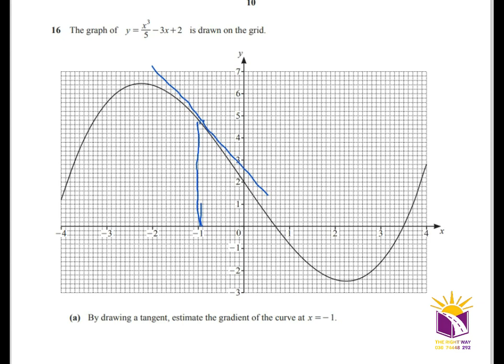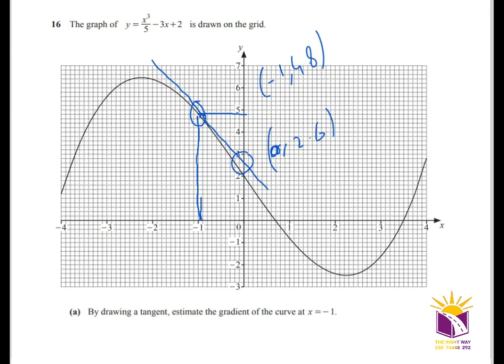So I'm going to take 1 point over here, the same point at which the x equals minus 1 line is going to touch. So the point will be 0 and your y will be 2.6. So 0 and 2.6, and the other point is minus 1, and for minus 1 this will be approximately 4.8. Minus 1 and 4.8.